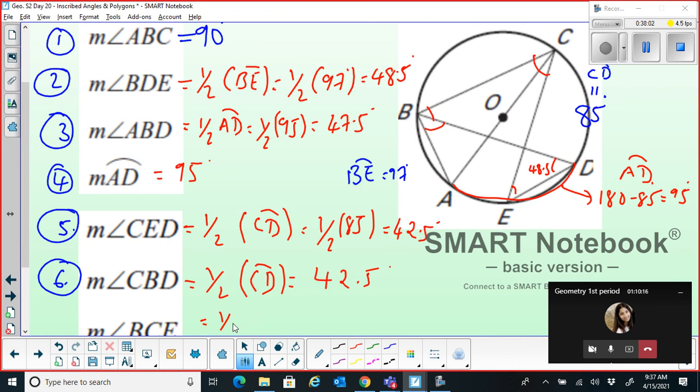They gave us arc BE, which is 97, and if you do 97 divided by 2, you will get the required answer, which is nothing but 48.5. Okay. And the last one, angle ABC. ABC is simple, it's a semicircle, right? Because it corresponds to this one, so it's 180 degrees.